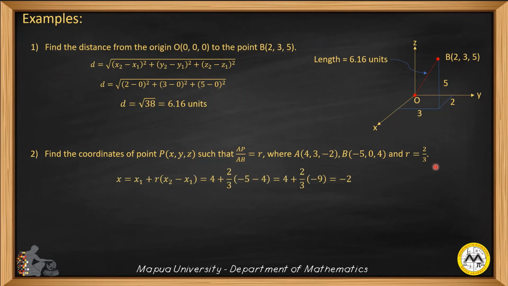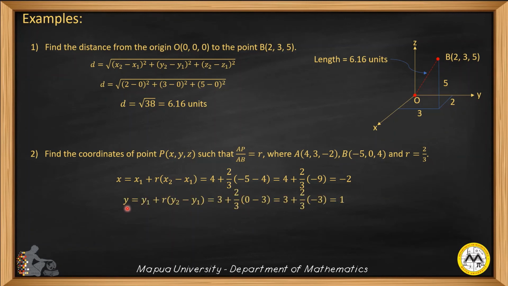Again, simply substituting values in the formula given to locate the point of division of a segment in space, we will have x equal to x1 plus r times (x2 minus x1), or 4 plus 2/3 of -9, giving us -2.